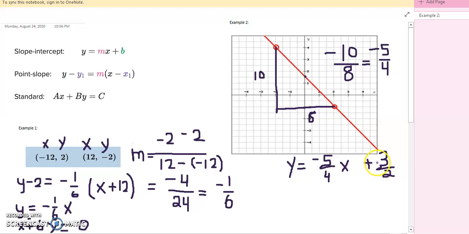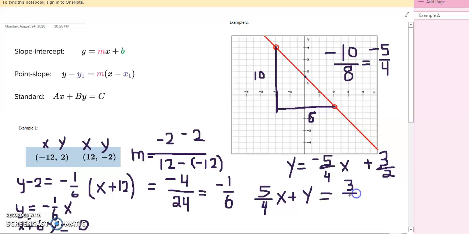And then if I want to put this in standard form, I need to what? I need to add the negative 5/4 x to the other side. So that would give me 5/4 x plus y is equal to 3 over 2.